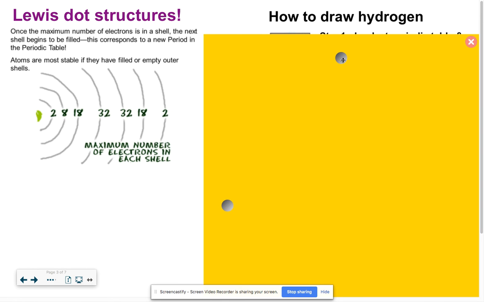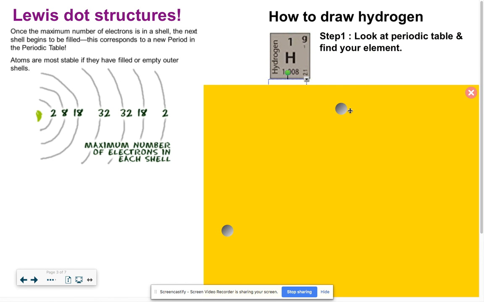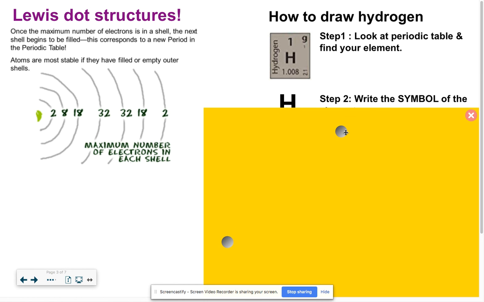So what we want to do is draw hydrogen. And the first thing we want to do is look at your periodic table of elements. Okay. So you find your element, whatever you're working with, in this case it's hydrogen, and you're going to look at your symbol, and then you're going to actually write the symbol in the box.